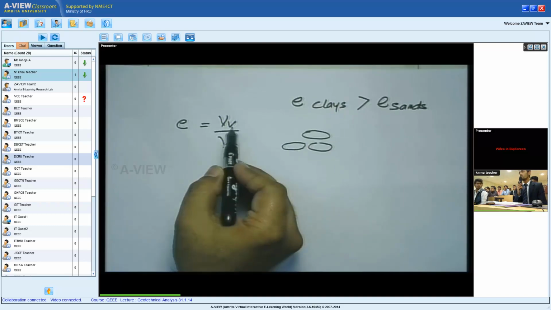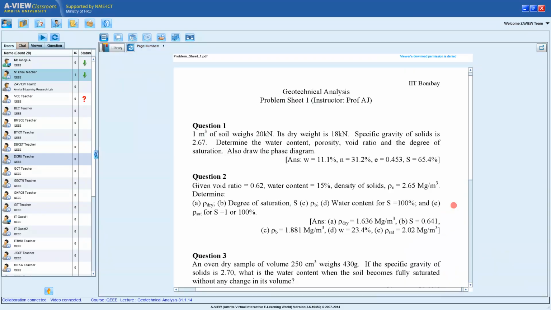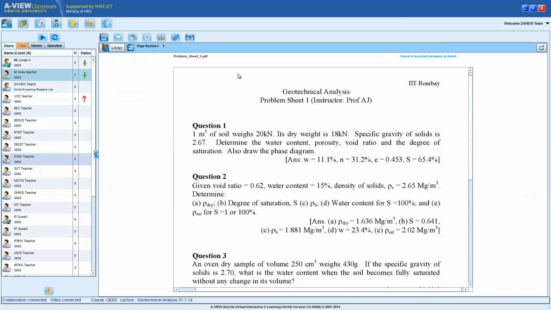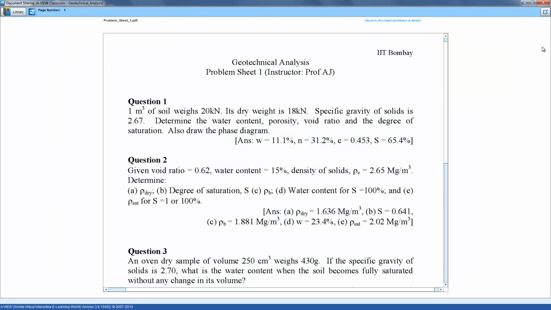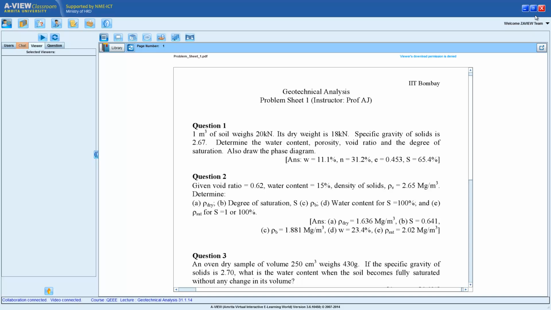If the volume of both particles is the same, then you would look at the volume of voids. If the volume of voids is also the same, then you have e clay equal to e sand, and you can have a situation where both the void ratios are the same.